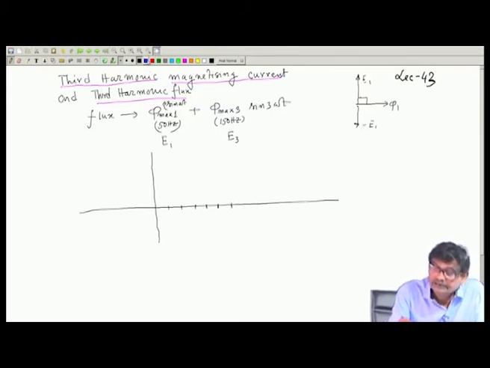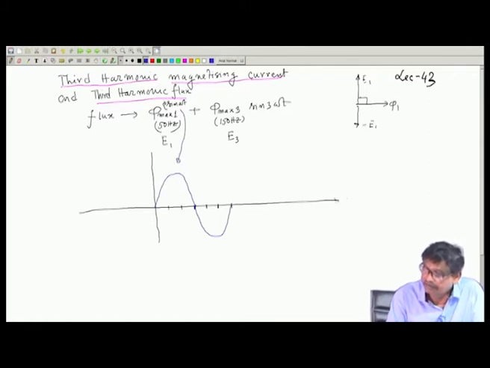So, let us see, suppose the fundamental flux I am sketching. So, this is half period. Okay. So, it will be like this, this is the fundamental component 1, 2, 3 and it will be like this. So, this is phi max sin omega t, I draw it. Similarly, on the same graph I will draw phi and this amplitude is phi max 1. Okay.